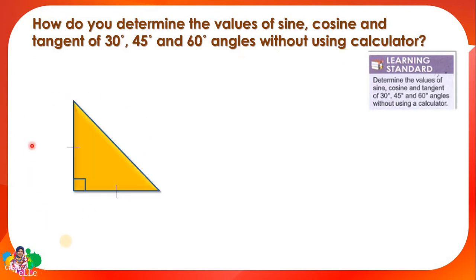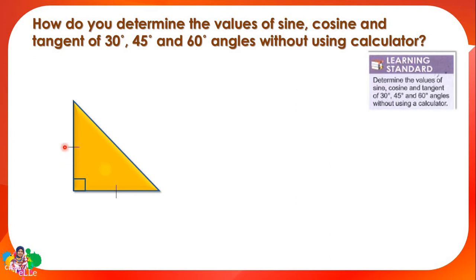Okay, let's look at this triangle. What type of triangle? This one is a right angle triangle, and you look at this symbol, it means that this one is an isosceles triangle. You know the properties of isosceles triangle.